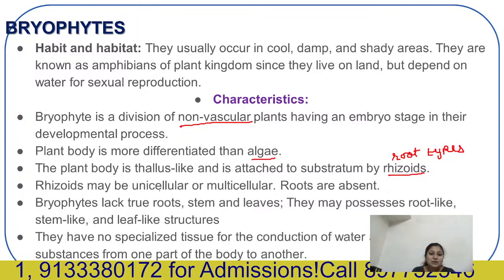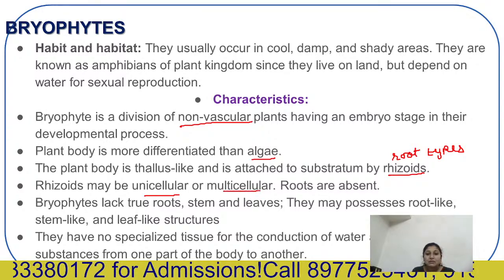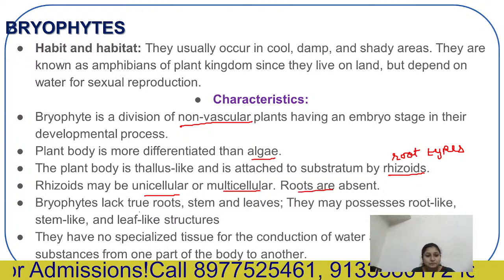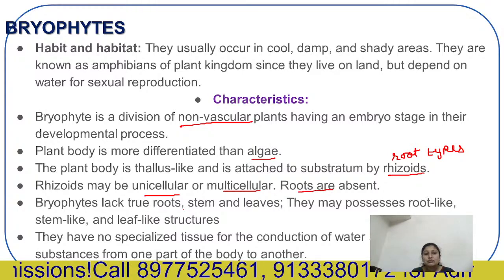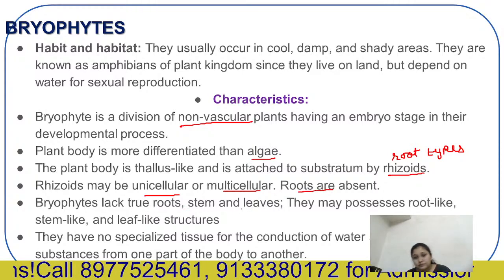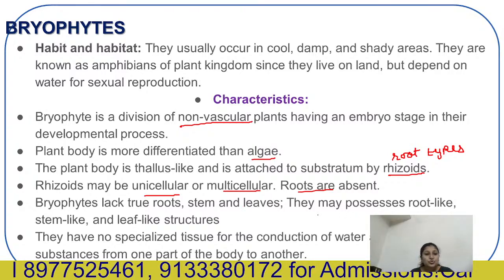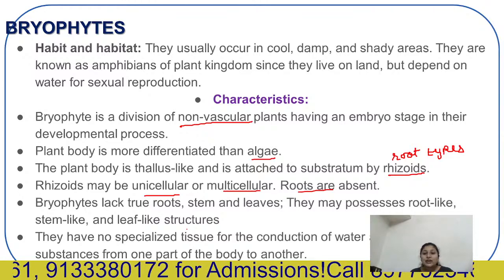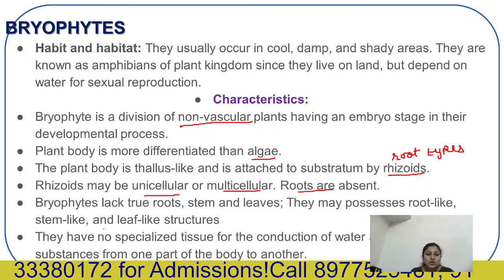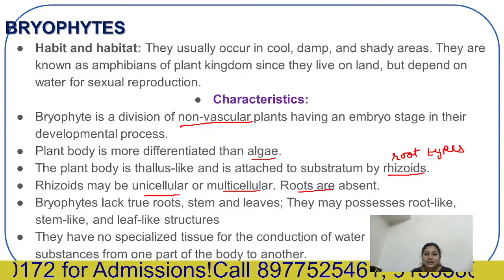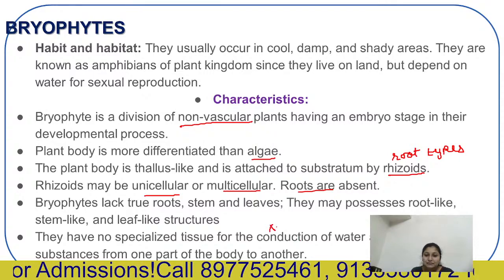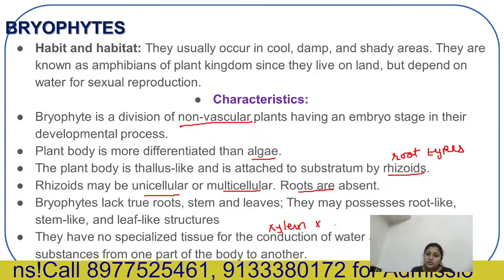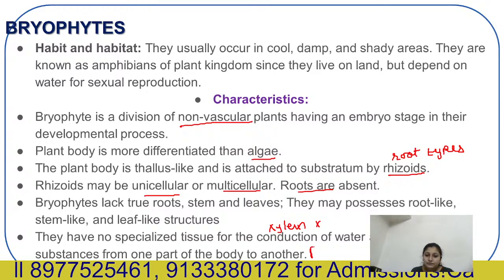Rhizoids may be unicellular or multicellular, but actual proper roots are absent. Bryophytes lack true root, stem and leaves. They may possess root-like, stem-like, leaf-like structures, but not exactly those. They have no specialized tissue for the conduction of water: no xylem, no phloem.